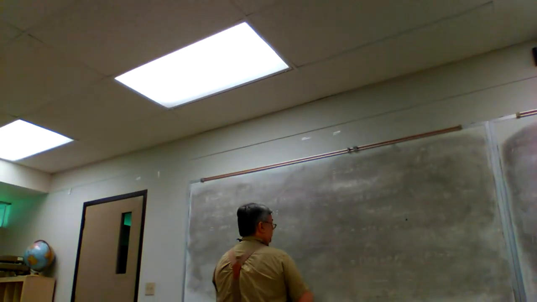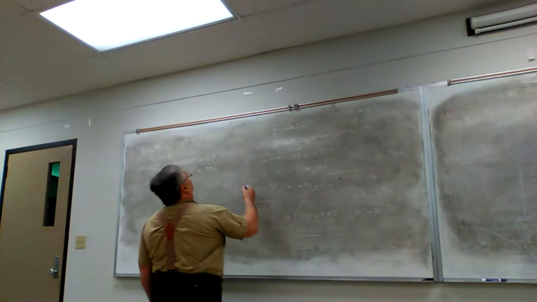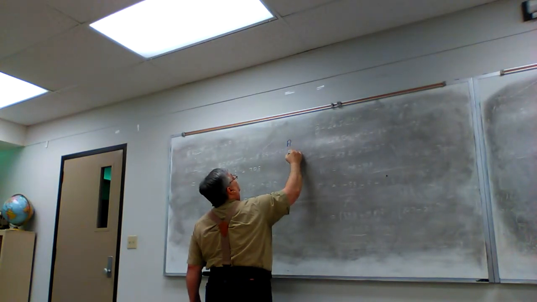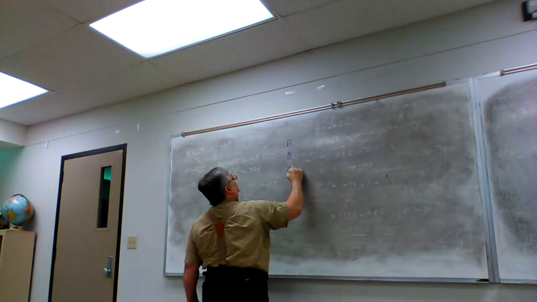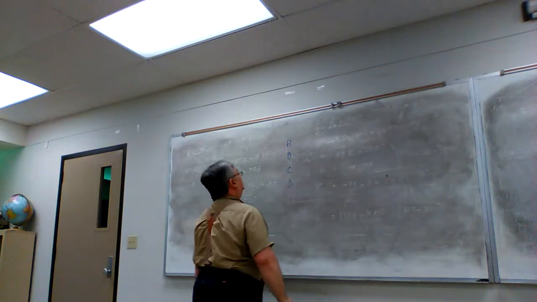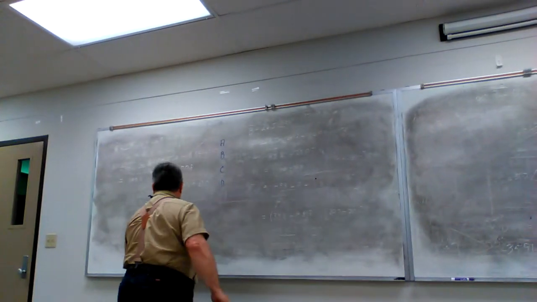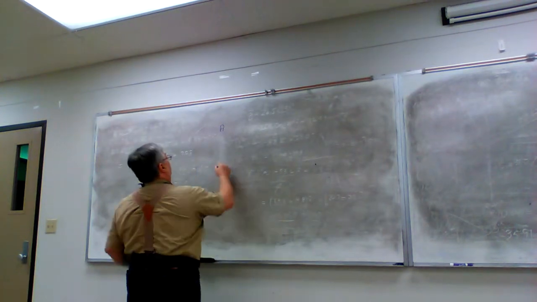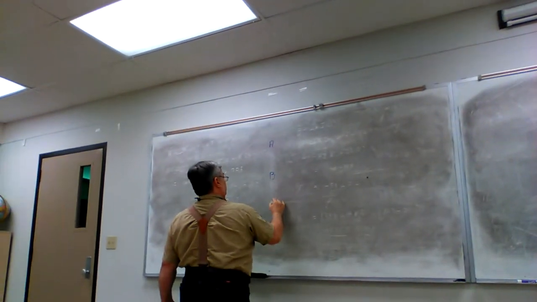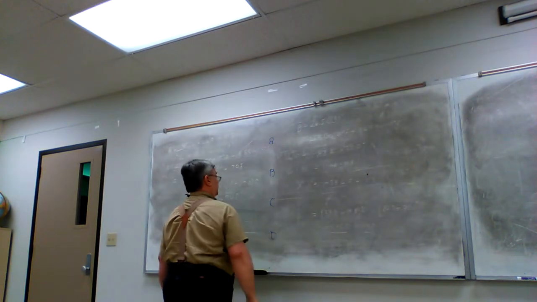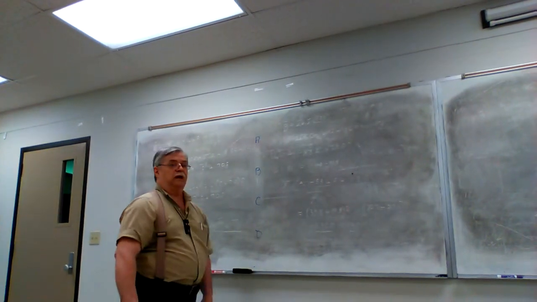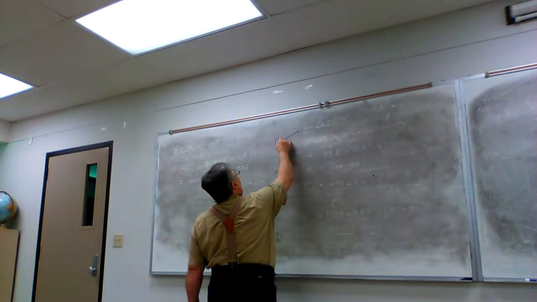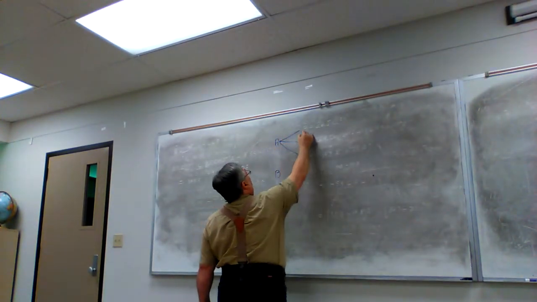Here's the example. You have A, B, C, and D. If you choose A first, then you can choose either B, C, or D second.